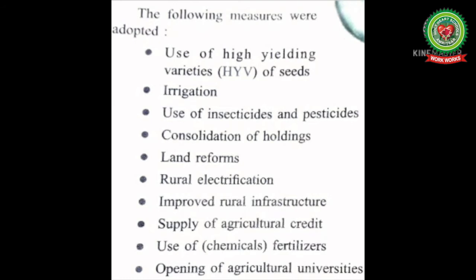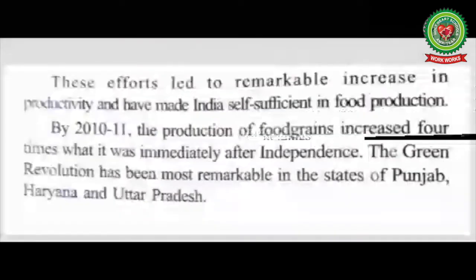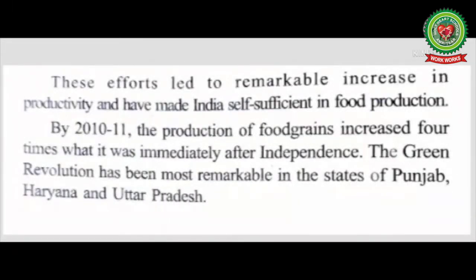These efforts led to remarkable increase in productivity and have made India self-sufficient in food production. By 2010 to 11, the production of food grains increased 4 times what it was immediately after independence. The Green Revolution has been most remarkable in the states of Punjab, Haryana, and Uttar Pradesh.